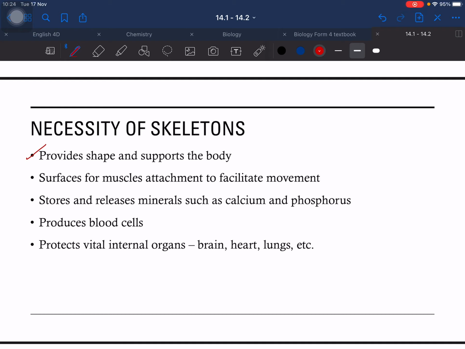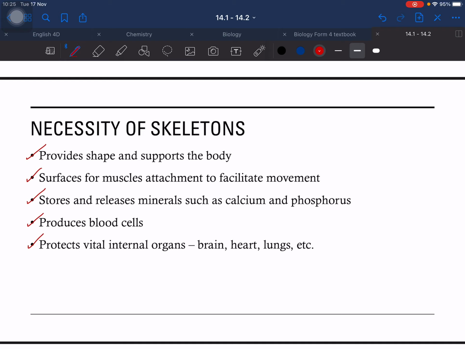It provides surfaces for muscle attachment to facilitate movement, stores and releases minerals such as calcium and phosphorus, and produces blood cells. So this is where your erythrocytes are produced. And lastly, it protects vital organs such as the brain, which is encased in a skull, your heart, which is behind the rib cage, and your lungs as well, right?